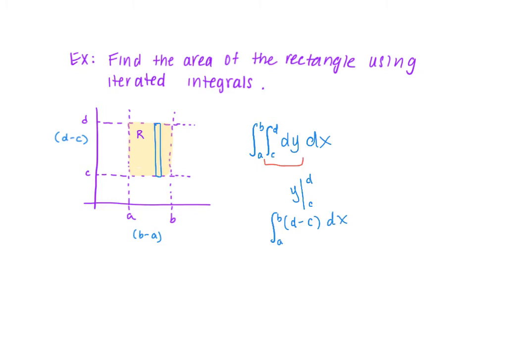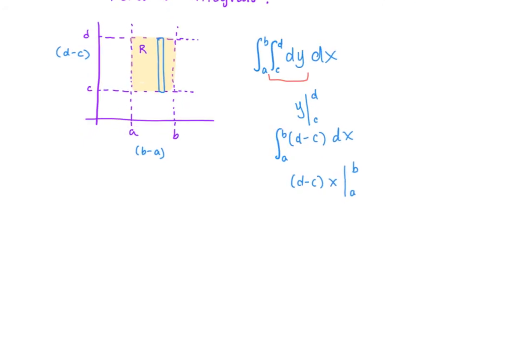So d minus c is all still a constant. So the integral of that is d minus c times x from a to b. And so if I plug in my limits here, I've got d minus c times b minus d minus c times a. And to make that a little easier, I can rewrite this as d minus c times b minus a. And so we know with geometry that that really is the area of that rectangle. But now we've taken the integral and proven it.